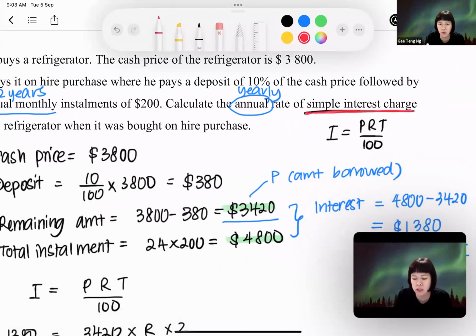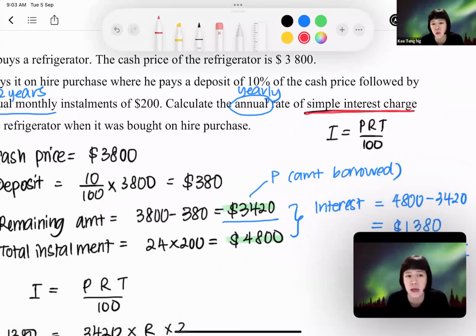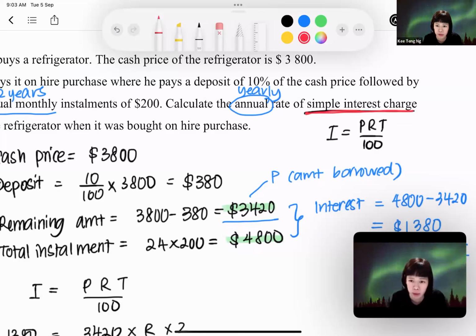If it's a simple interest rate, the formula is given by I equals PRT over 100. If you still remember what it means, I stands for interest, P is the original amount that you borrowed, the principal amount to begin with, R is the rate of interest, and T is the time period.